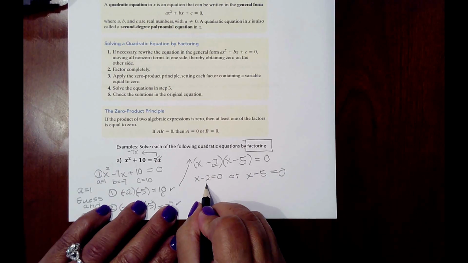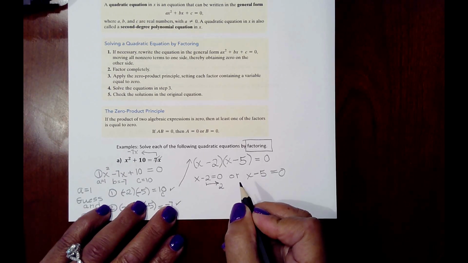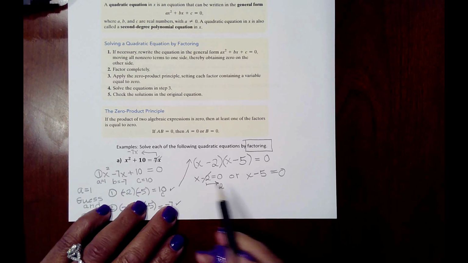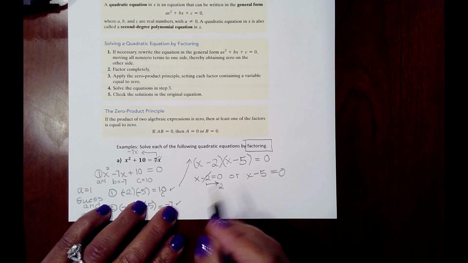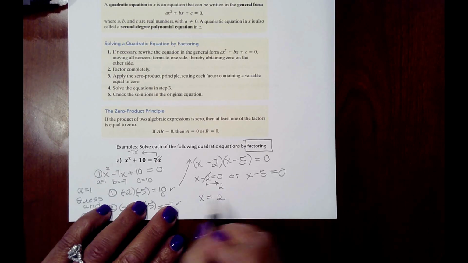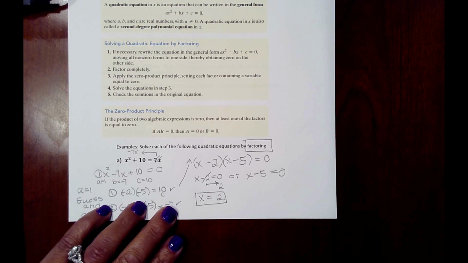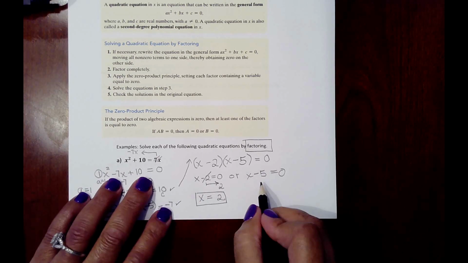When you solve these little equations, you're simply bringing the number to the opposite side, thus changing its sign. So -2 becomes positive 2 when it moves to the other side. So x equals 2, the 2 is now over here on the right. You've isolated x, and that is one of the solutions. Same thing here.